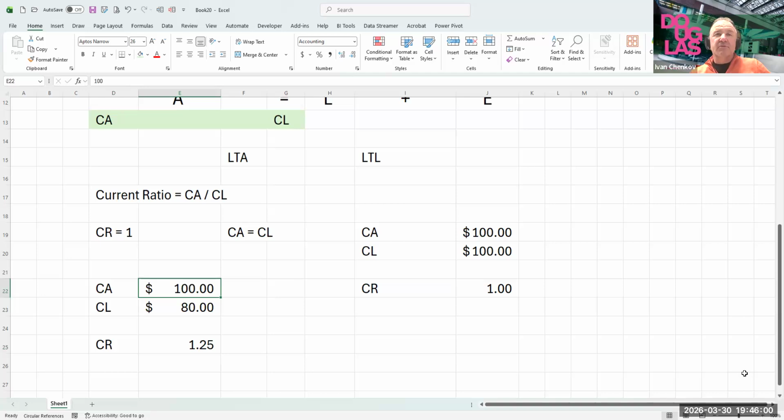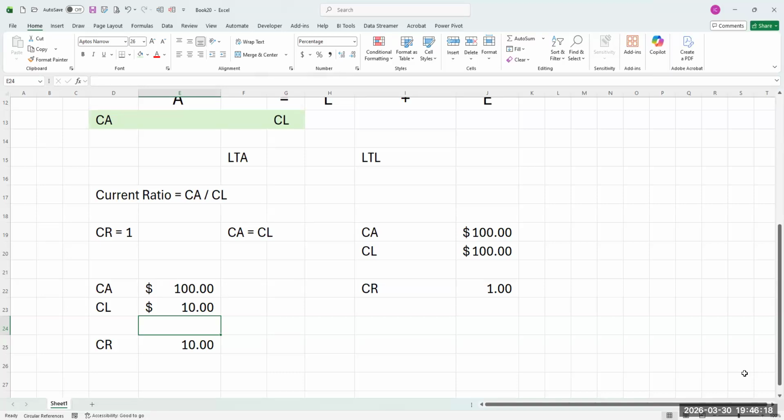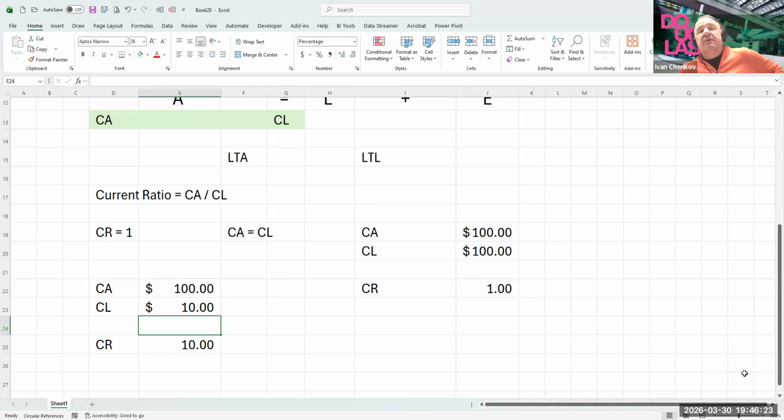Now, does it make sense to keep the current ratio at, let's say, 10? What do you think? Yeah, it is possible, depending on the industry. But is it good for the company to keep it at 10?